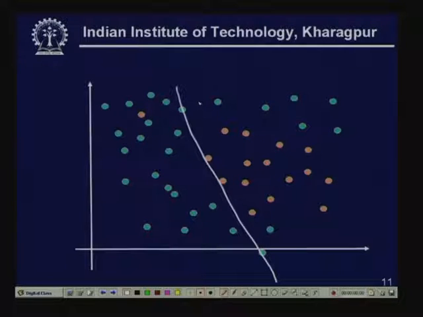Like we have this, we are trying to separate the green balls from the pink balls. You see, on the right hand side there is one pink ball, and on the right hand side there are some green balls. So, we have not been able to achieve correct full separation of the positive points from the negative points. So, what sort of decision surface would we need in this case?